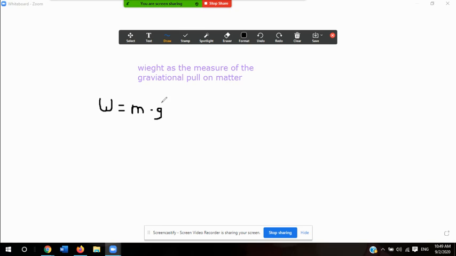If we were to measure the weight of a person on Earth, we would say the mass multiplied by the gravitational constant, and on Earth, the measurement of gravity is 9.8 if we're using the SI system, meters per second squared.